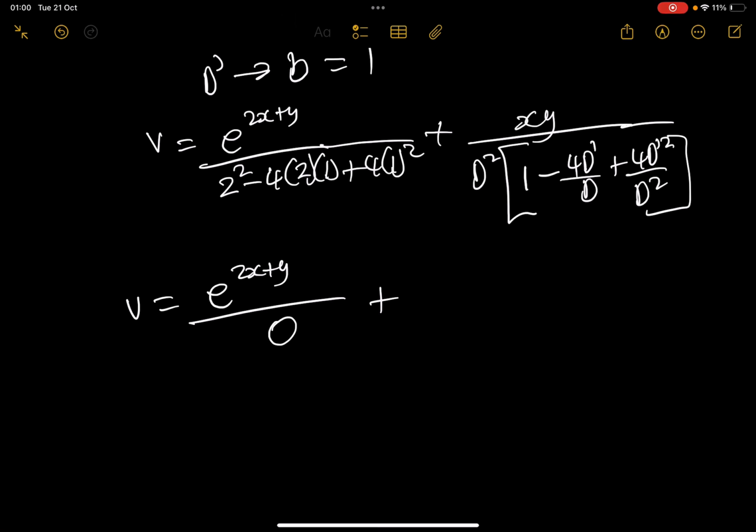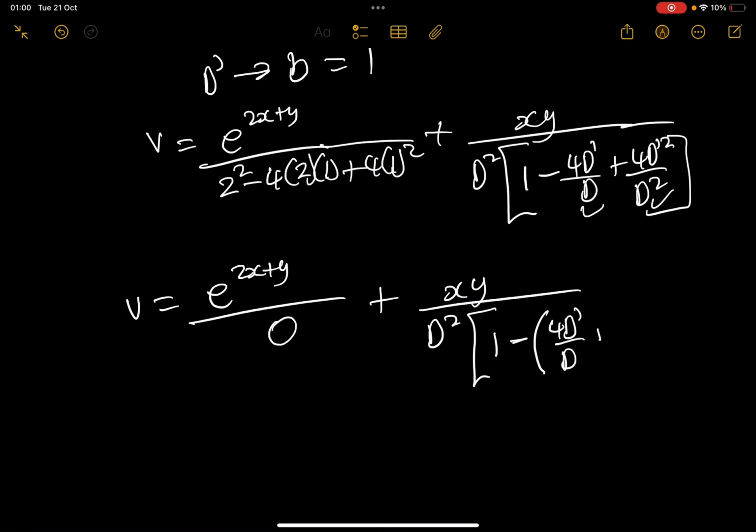So from here, you rewrite this as xy over D squared, times 1, and then between these two you factor out the negative, so you're going to have 4D prime over D minus 4D prime squared over D squared.